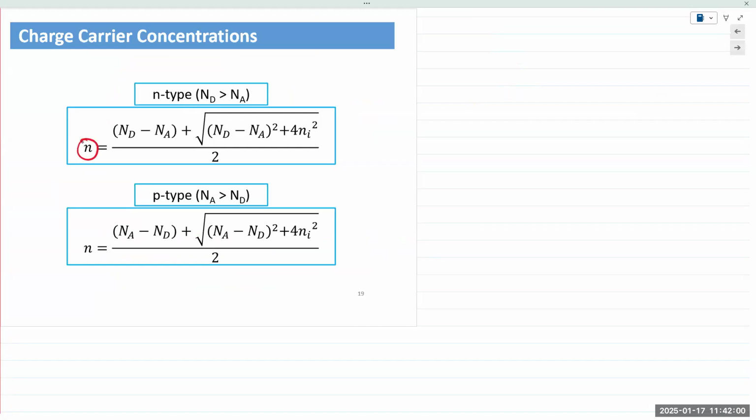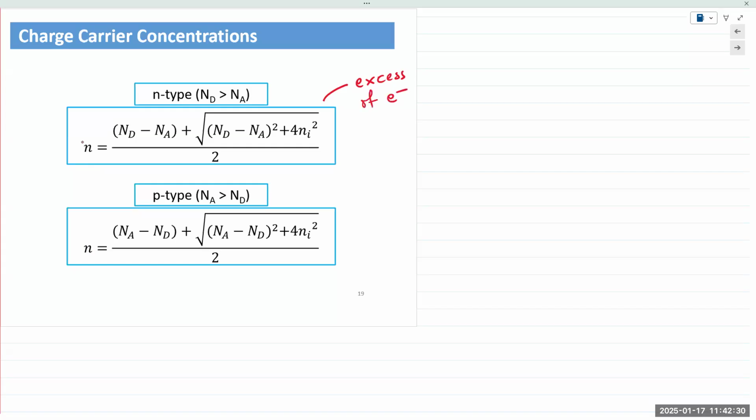Now, the N here is simply the charge carriers that are generated, okay? So the number of charge carriers that are generated is given by a quadratic equation, okay? Nd minus Na, square root of Nd minus Na squared plus 4Ni squared.